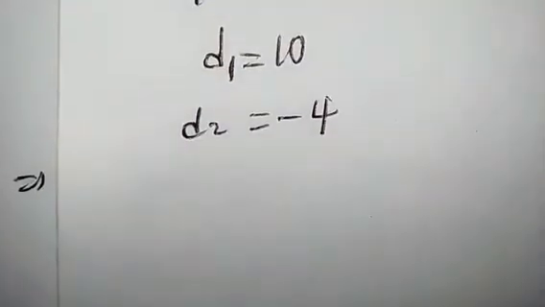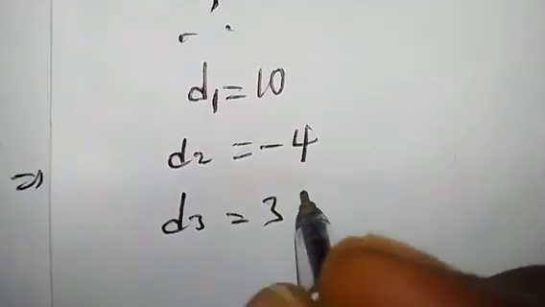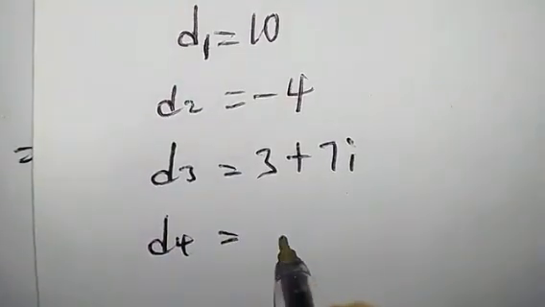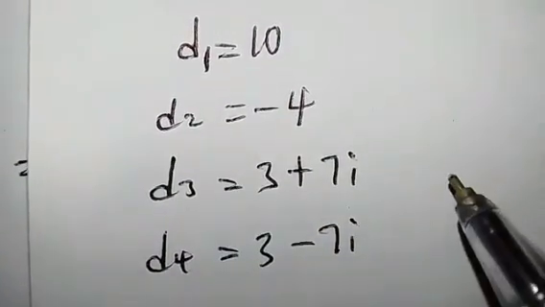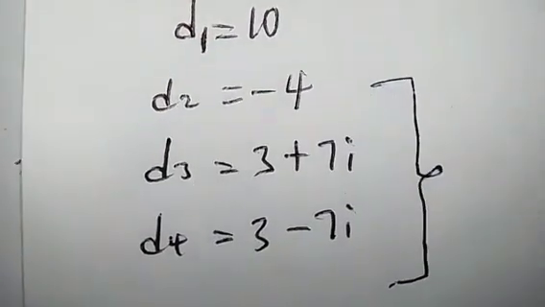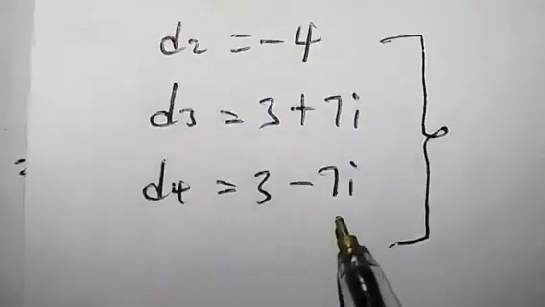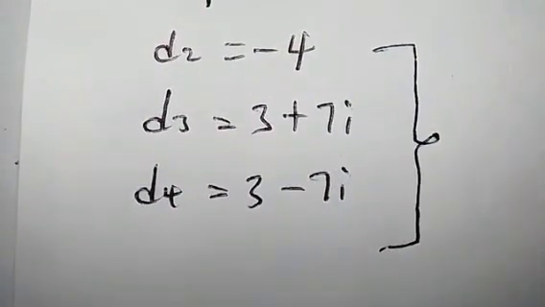Let's call them d3 and d4 respectively. d3 = 3 + 7i, while d4 = 3 − 7i. So these are all the solutions for this algebra problem: two real solutions, 10 and −4, and two complex solutions, 3 + 7i and 3 − 7i.